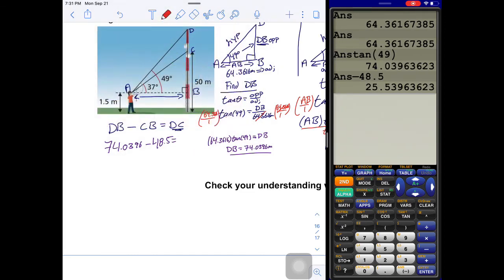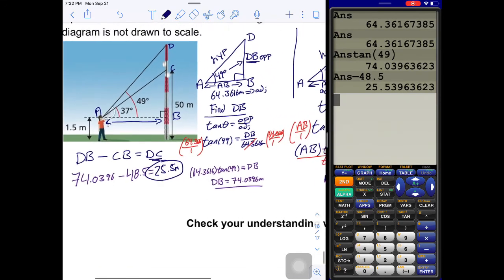Just fix that quickly. So that gives me 74.036 minus 48.5 equals 25.53 meters.